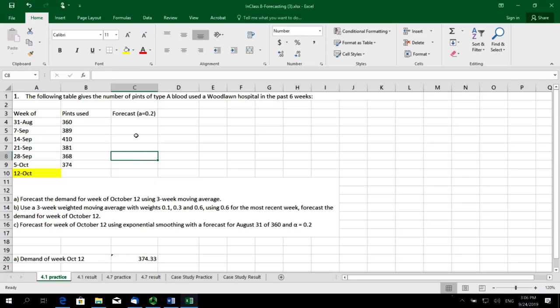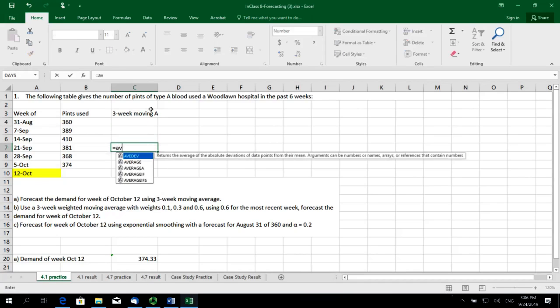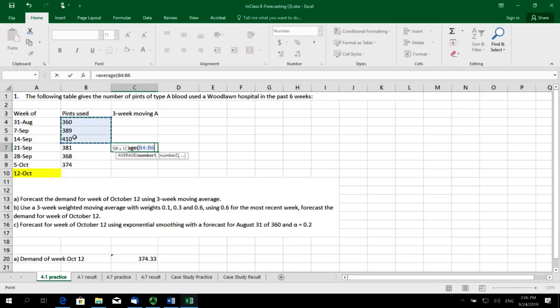You can also do it this way: from the 4th week, you have the average of the first 3.